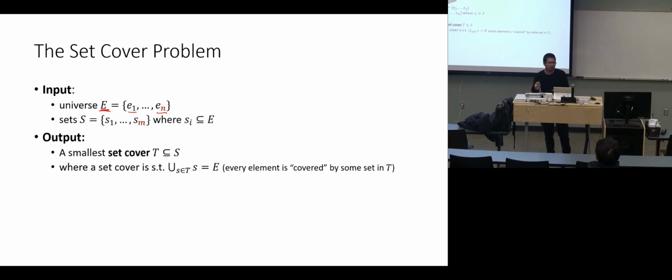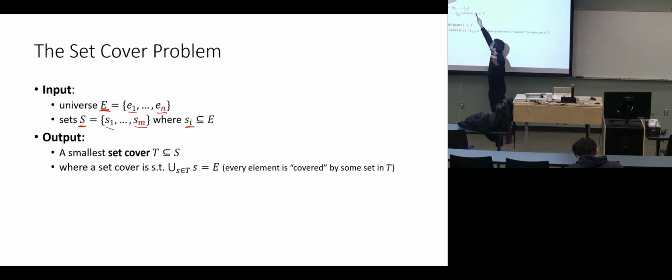And then there is a collection of sets S1 to Sm. And each set is a subset of the universe. You can think of each set here as a fire station, where everything in this set is some subset of points in the map covered.